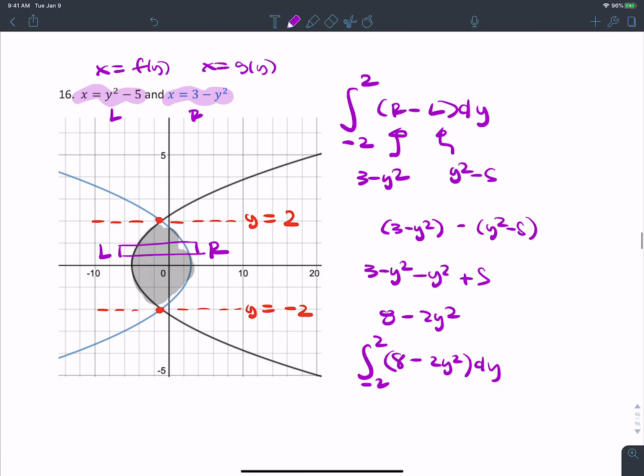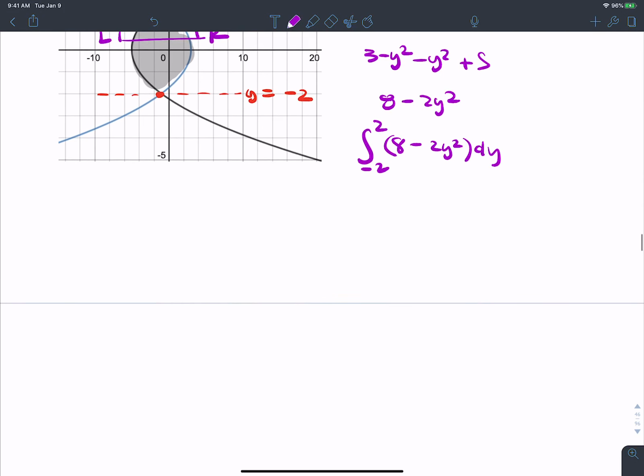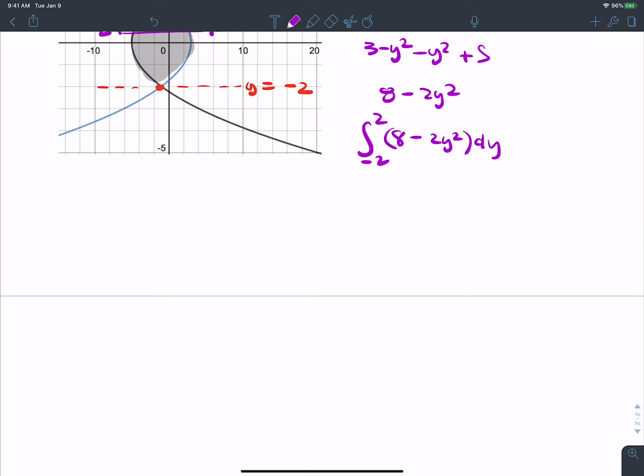Okay, you guys okay with that one? Should we finish this one off? Let's finish it. 8y minus 2/3 y cubed from -2 to +2. This is my f of y. We need f of 2 minus f of -2.